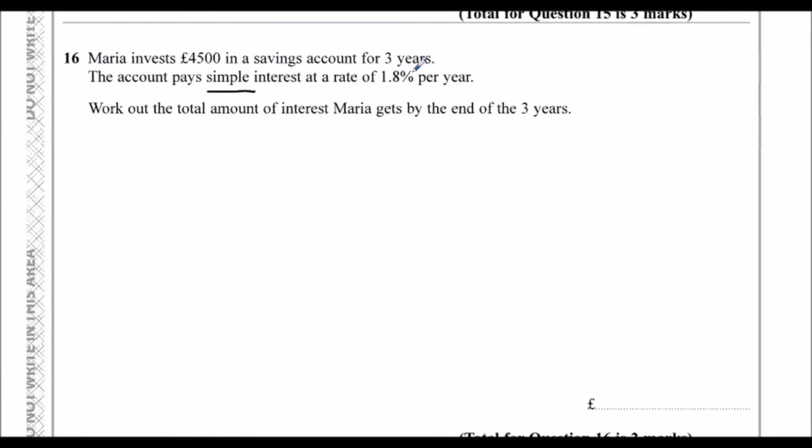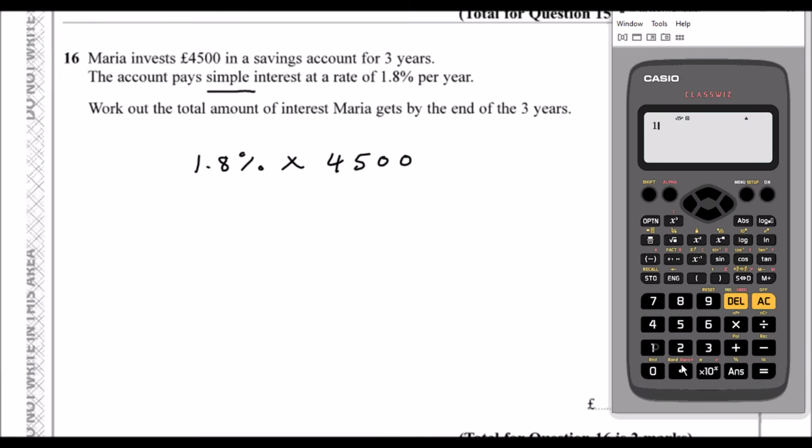So we need to know what 1.8% of 4,500 is. So 1.8% times 4,500. Or if we write this as a decimal, to change a percentage to a decimal, you divide by 100. So that's 0.018.